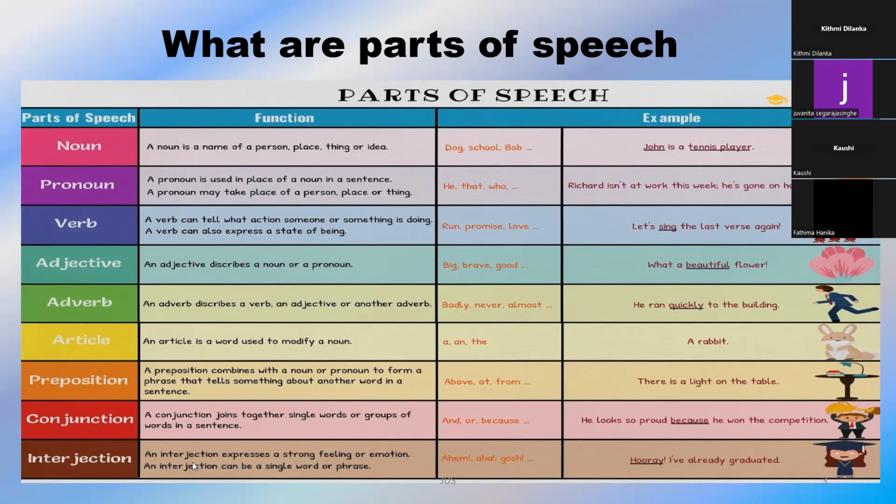Just read the function and also the example and try to figure out what kind of words come under this category. The example given over here is hooray.